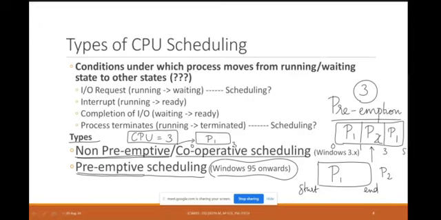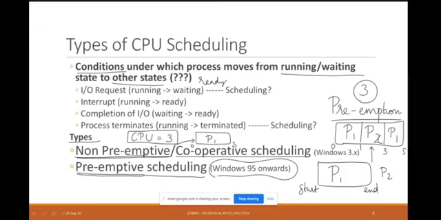So these are the two types of scheduling: preemptive scheduling and non-preemptive scheduling. Now we are going to see what are all the conditions under which a process moves from running or waiting to any other state, say your ready state.